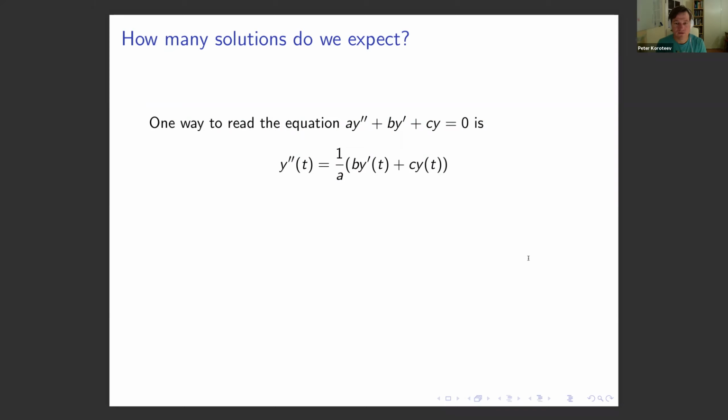Okay, so how many solutions do we expect for this equation? Let's express y double prime like this, and there's a typo, there's a minus sign in front of 1 over a.